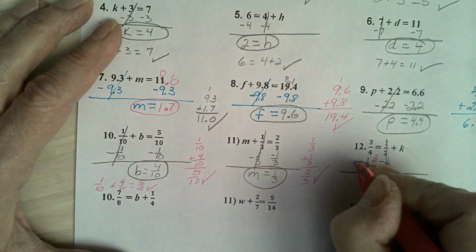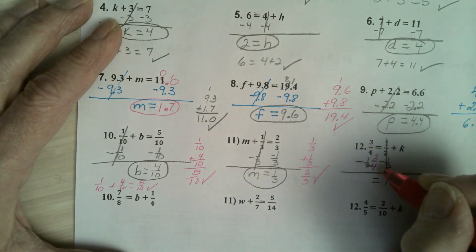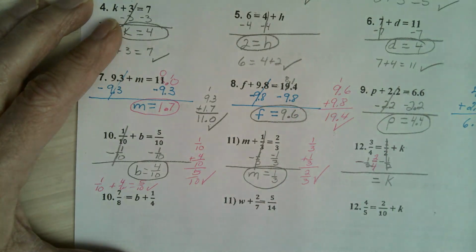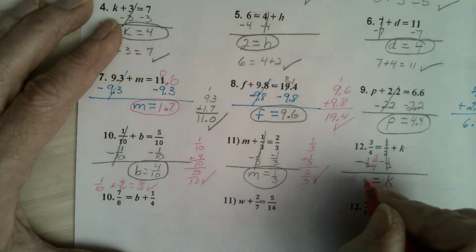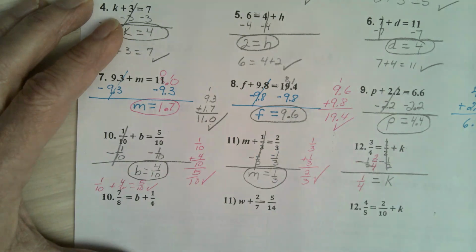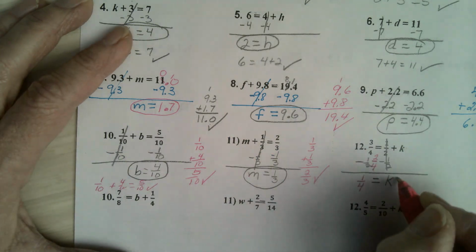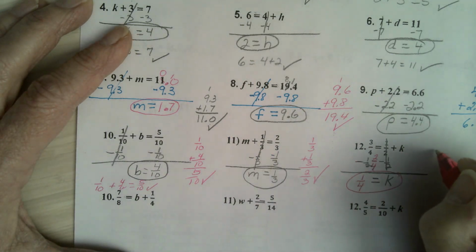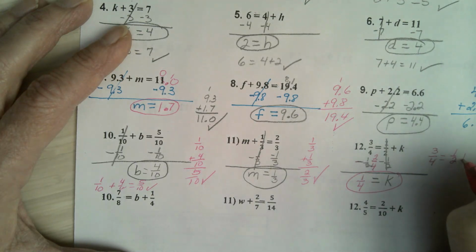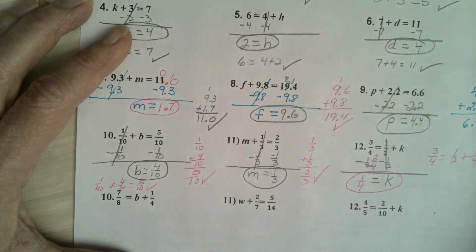Now I'm subtracting. What's 3/4 minus 2/4? 1/4. Now let's do the check step. Circle. This is my answer. Does 3/4 equal 1/2 plus 1/4?